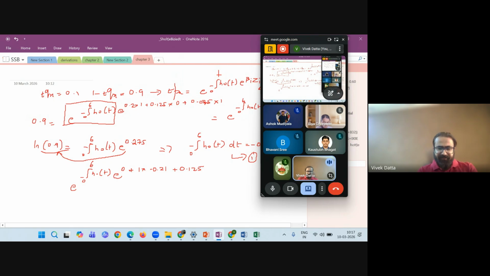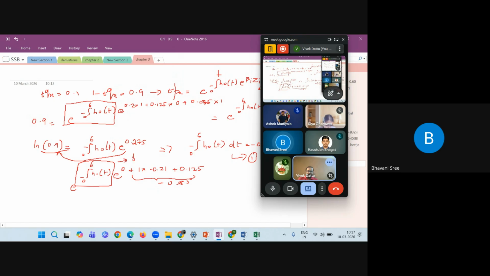This corresponds to 0.85 minus 0.085. And this whole thing is what? I already know this value from equation 1: 0.0807.